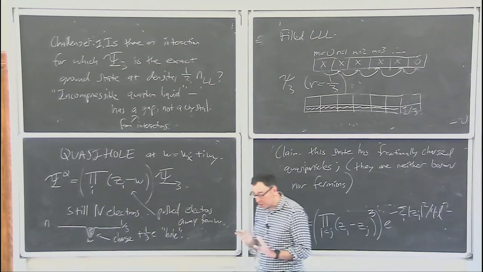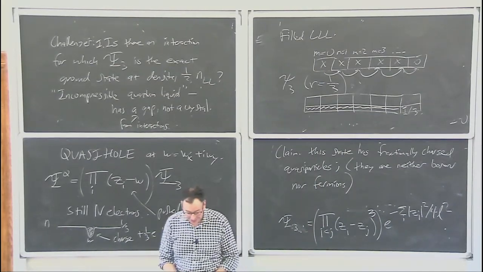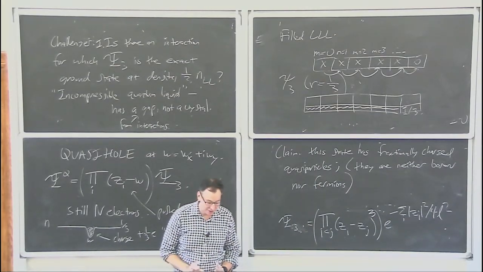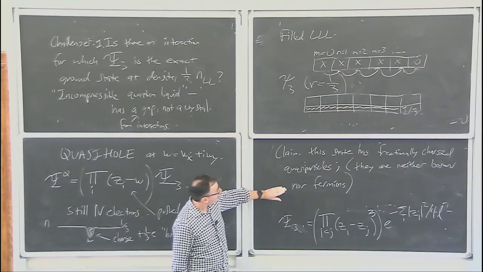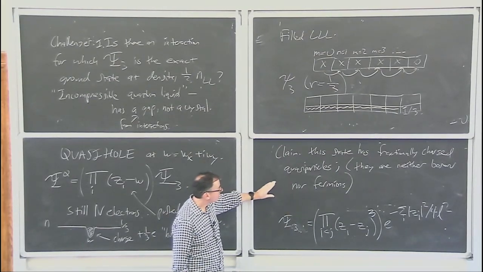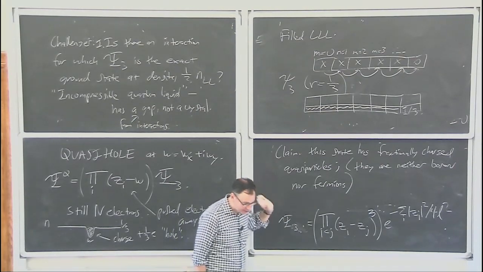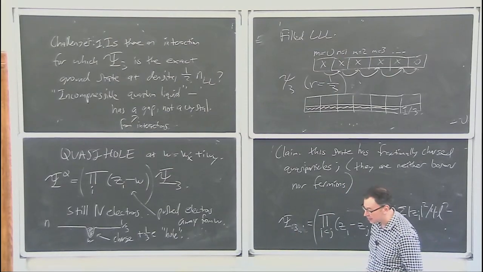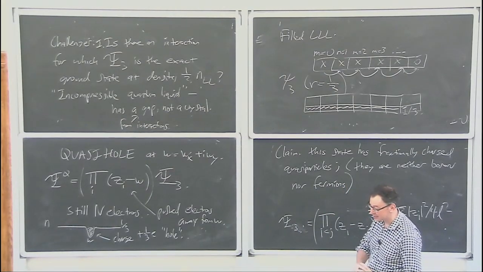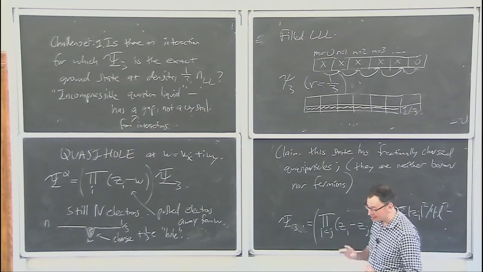As I mentioned before, there are two threads in topological states of electrons. This is the strongly interacting thread, and we'll have a lot more to say about that, but we'll also have a lot more to say about states of single electrons. The good news, just in the last 10 or 15 years, is that states of single electrons turn out to be all over the place in solids.